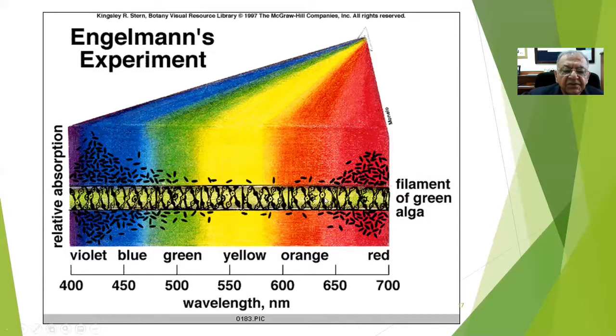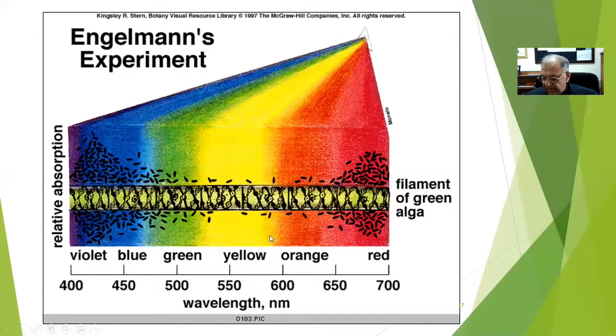He put this on the slide, and then he put these bacteria which are hungry for oxygen, and then exposed them to light passing through the prism, and he found that most of these bacteria accumulate at this wavelength which is blue and at this wavelength which is red. This shows that most of the photosynthesis takes place in these wavelengths, blue and red. This is 400 and this is 700.